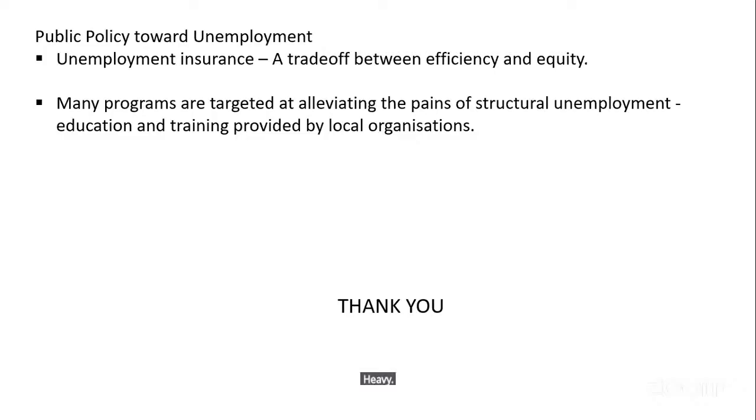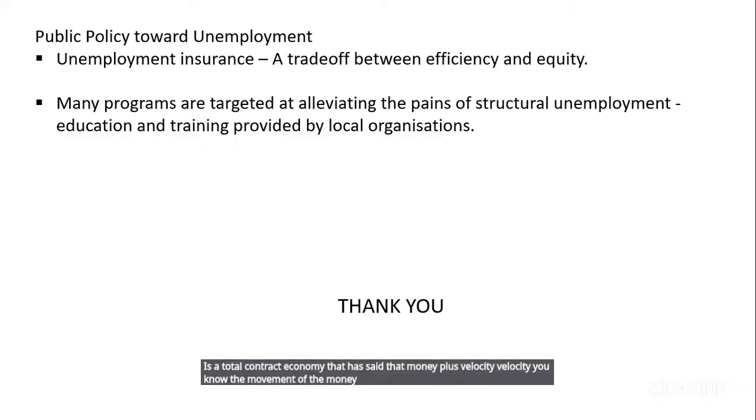This is the quantity theory of exchange, and it is the theory of classical economists. Under economics, it's a theory of classical economy that says that money plus velocity, the movement of the money, the circulation, must be equal to the price of the goods and services and the transaction of the goods output.